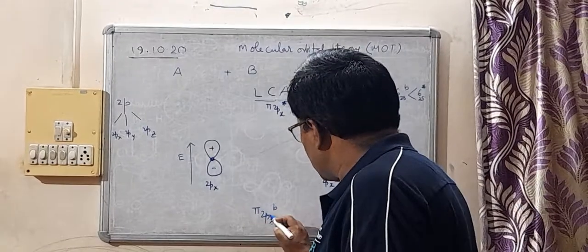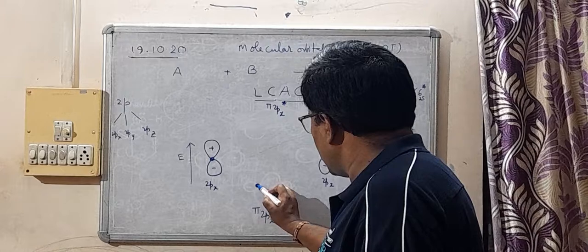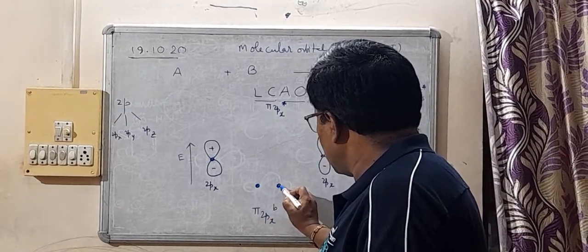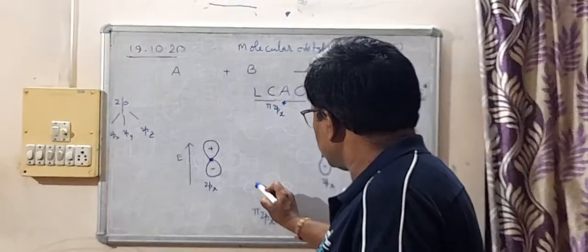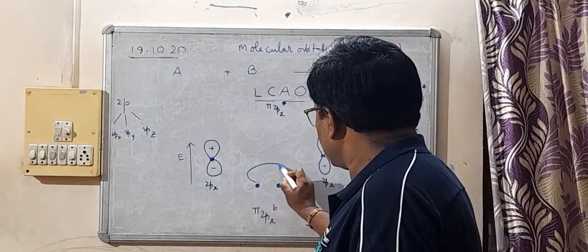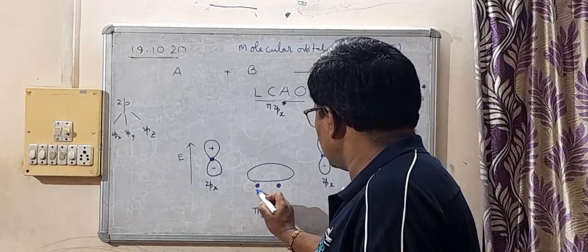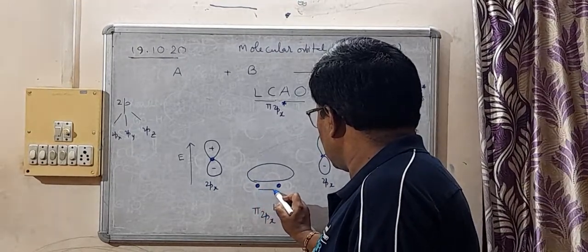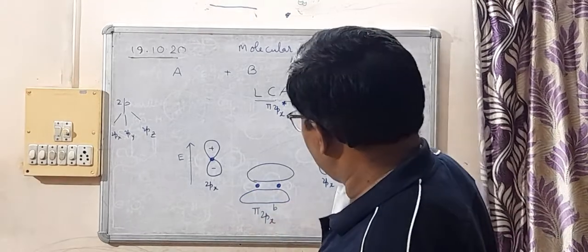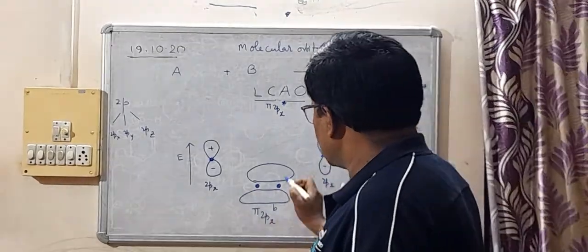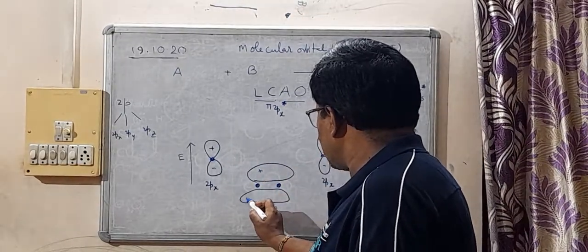So let me draw this molecular orbital now. This is one nucleus, another nucleus, okay, and so this is plus, and this one will be minus.